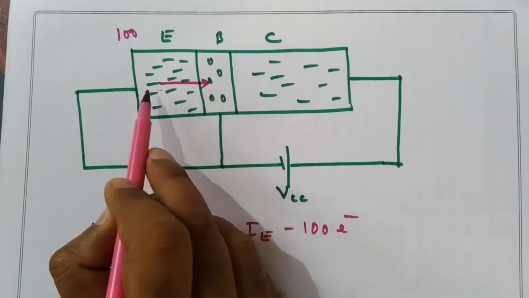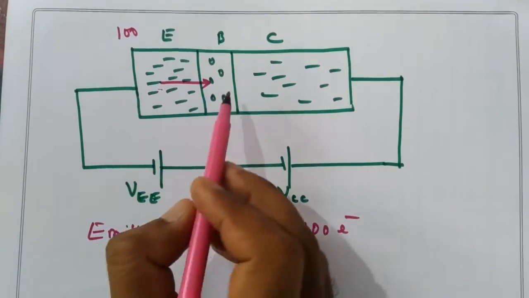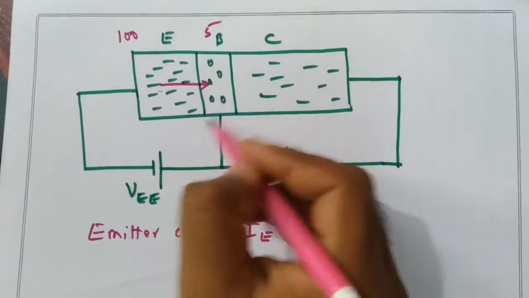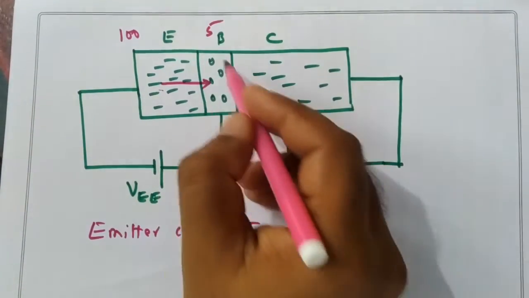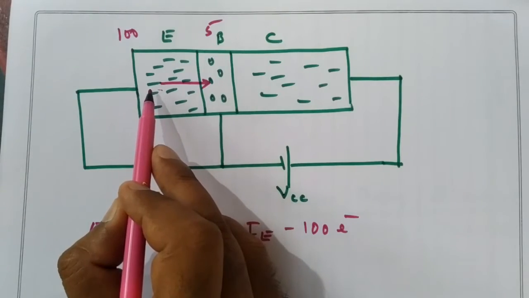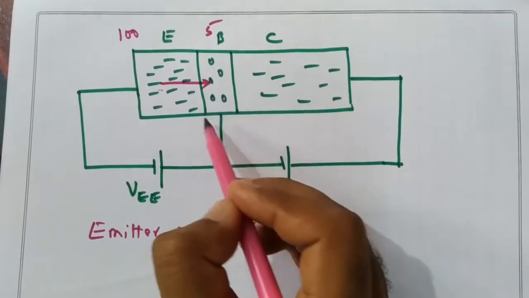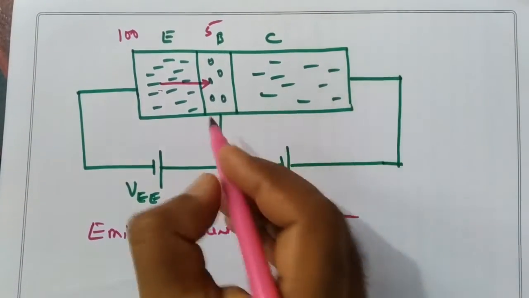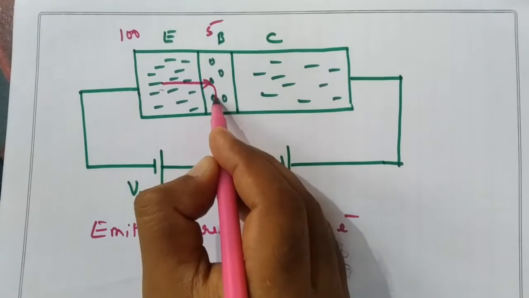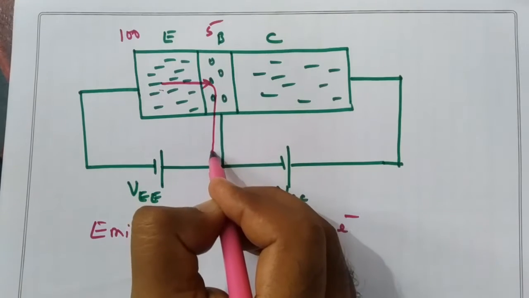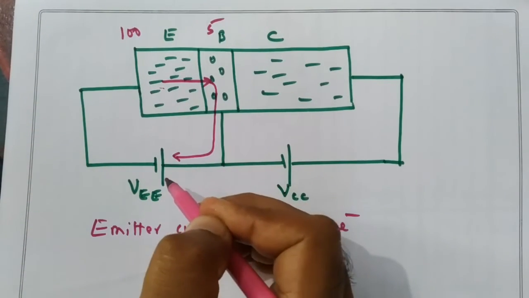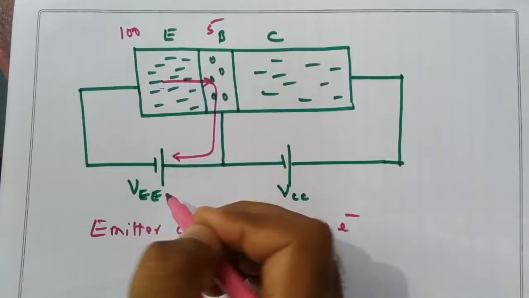Those 100 electrons cross the junction, and see here there are only 5 holes because the base is lightly doped, so very few majority charge carriers. Out of 100 electrons, only 5 electrons will recombine with the holes, and after recombination those electrons will go in this way, and finally are collected by the positive of this VEE.